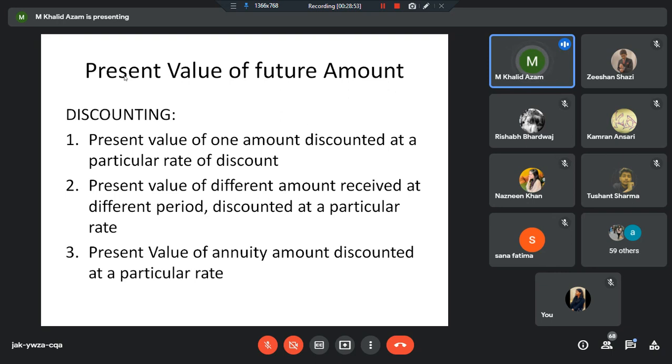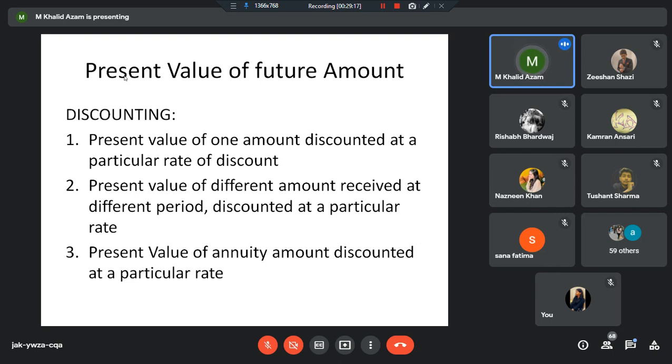For example, you are investing in a machine. You have purchased the machine and got it installed. Suppose you have used 10 lakhs of rupees for that. You are not going to get the return on this machine just after 1 year, just after its installation.